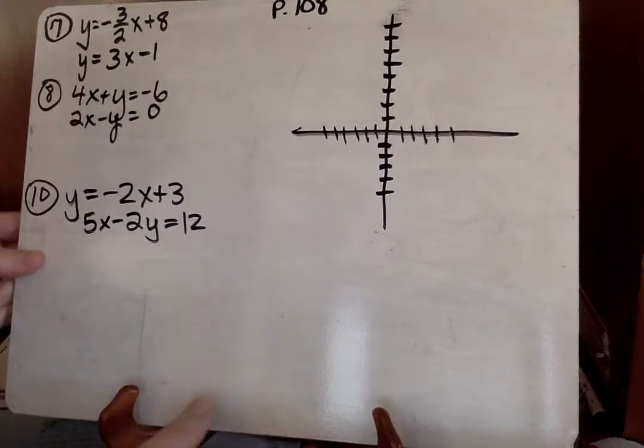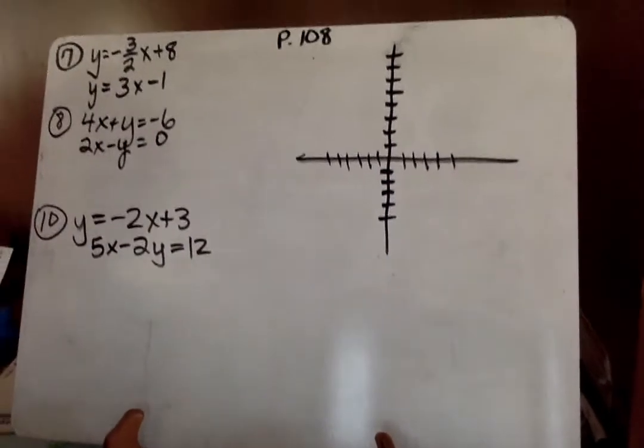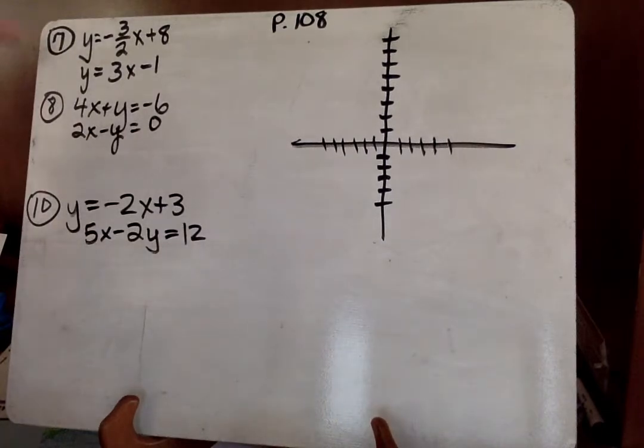Now we're going to go on to page 108. And we're going to decide on each of these what is the best method, okay? So the first one, y equals negative 3 halves x plus 8, and y equals 3x minus 1. Oh, they're both solved for y. They're in slope-intercept form, which makes it really easy to graph.